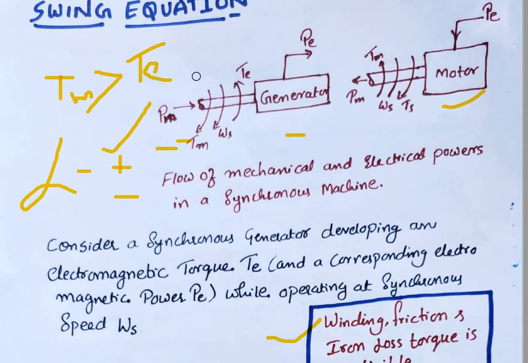When my electrical or electromagnetic torque is greater than the mechanical torque, that means when my opposing or controlling force is greater than the driving force, then your shaft is going to decelerate.